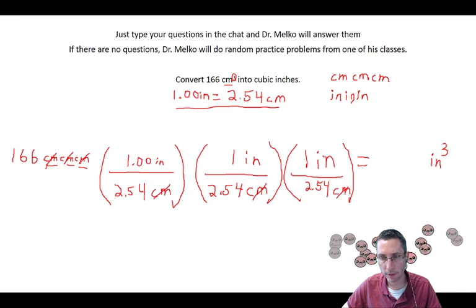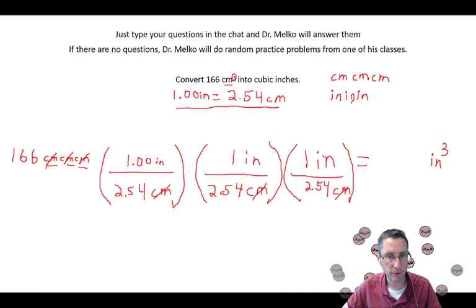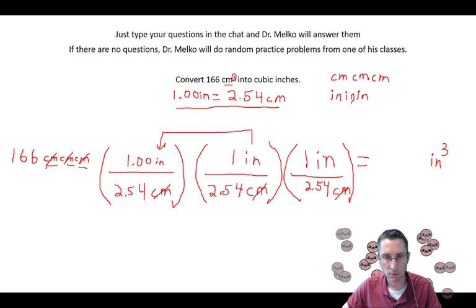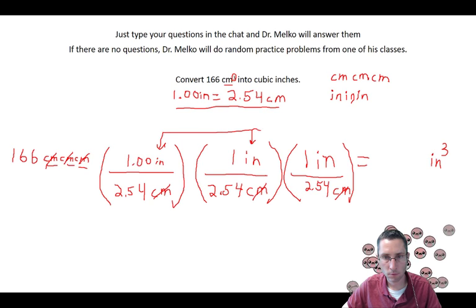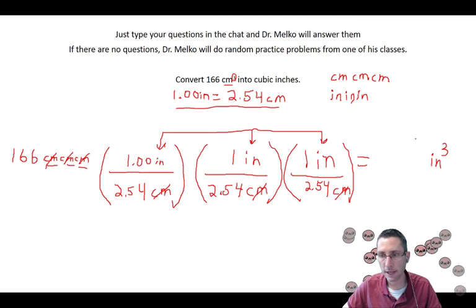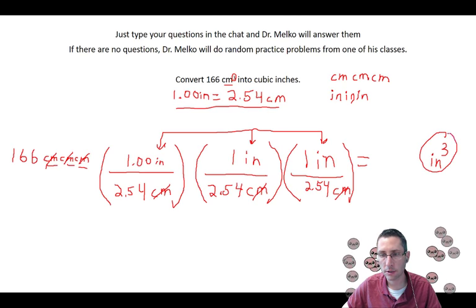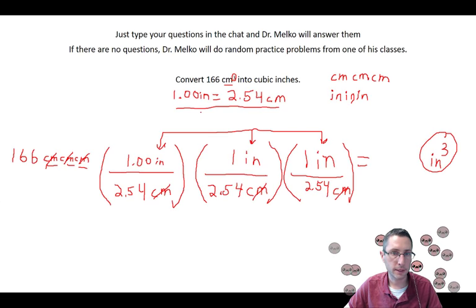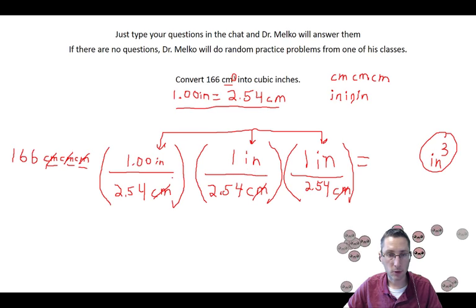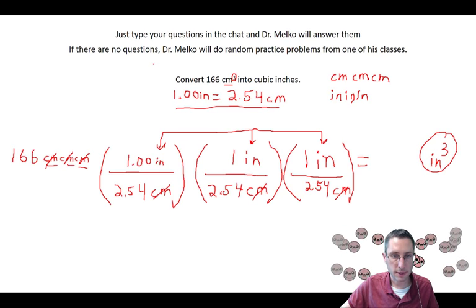Okay, so these 3 centimeters in the bottom will cancel these 3 centimeters, and conveniently these 3 inches are essentially multiplied together, and that's what ends up giving me my cubic inches. So these are a little bit different when you have these exponents. You're just going to use the same unit factor 3 times, multiply everything across the top.